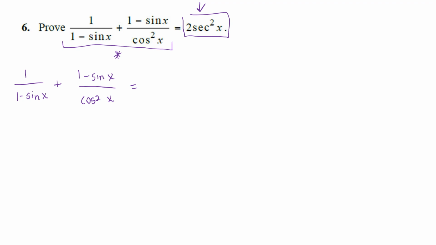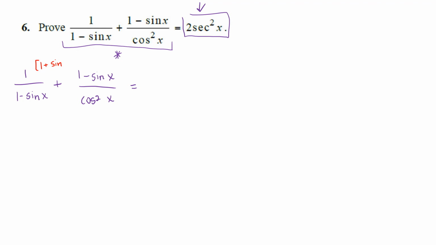For this problem, what I am going to do is I want to get cosine squared x as my denominator. So I am going to multiply the numerator and the denominator by 1 plus sine x.